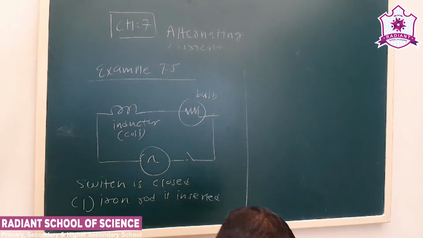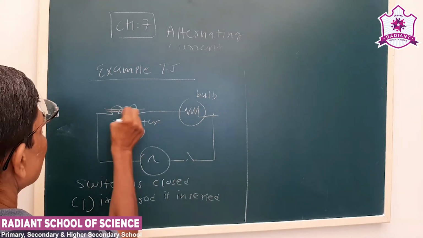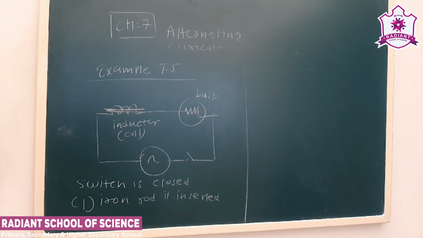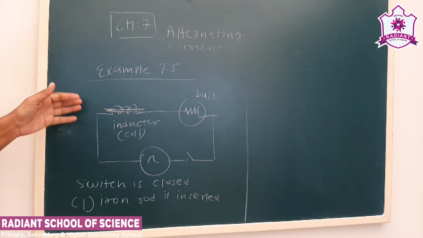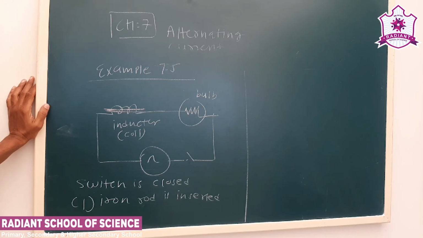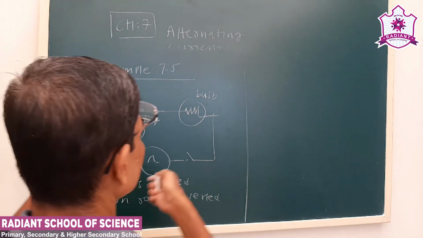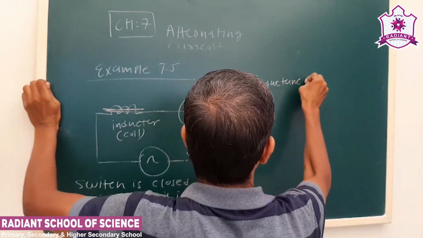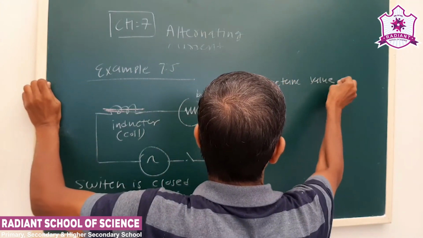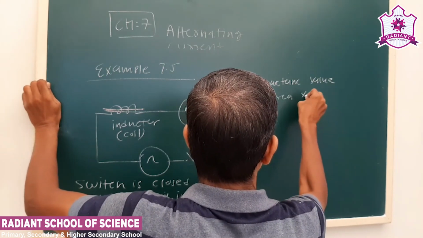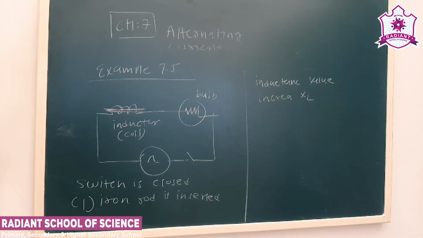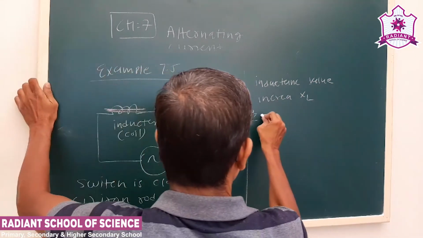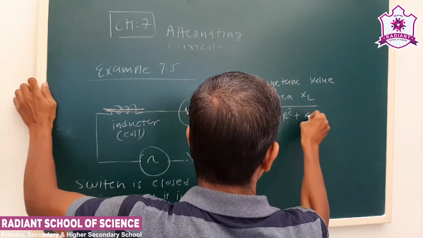Now see, when the switch is closed and the iron rod is inserted into this inductor, the inductance value increases, so XL increases. When XL increases, that will add to the total impedance. Why? See our formula, Z equals root of R square plus XL square.